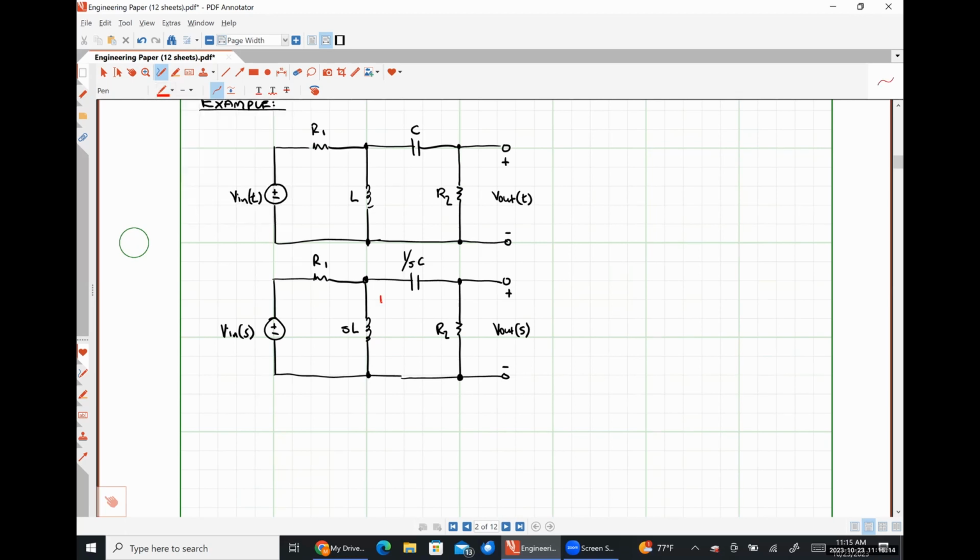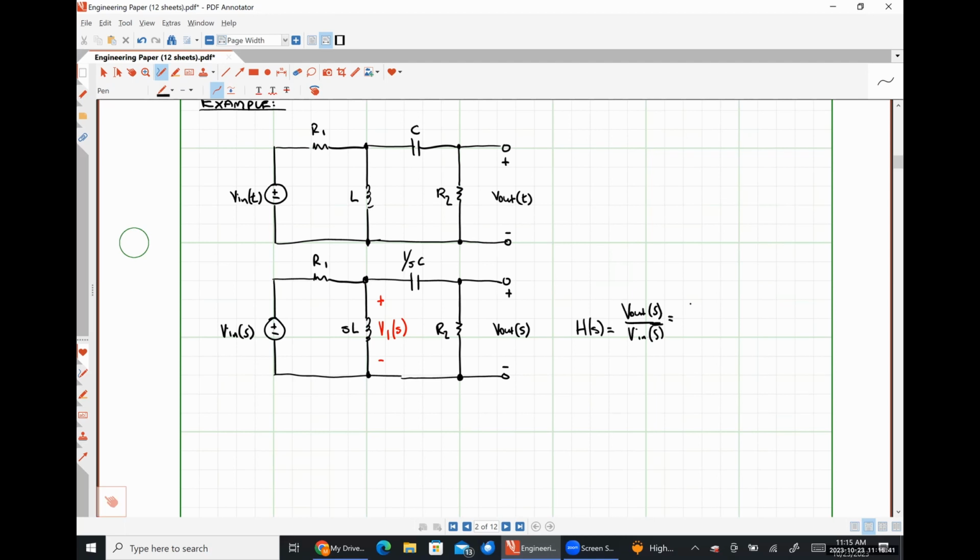I'm going to define the voltage drop across my inductor to be V1 of S. And I'm going to define my transfer function H of S as Vout over Vin. I'm effectively going to break this into stages.